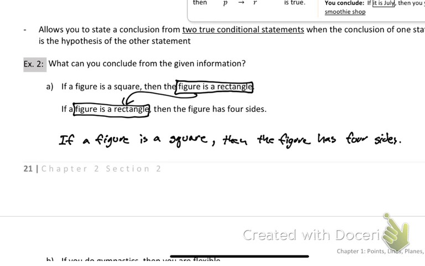So the law of syllogism allows you to skip that middle section. Like I said, if I hit one domino over, it all falls over. I don't have to say, well, domino 2 falls over, domino 3 falls over, domino 4 falls over. I can say the whole thing happens. So as long as you can keep hooking that stuff up, you can skip everything in the middle and just start and end at your final conclusion.